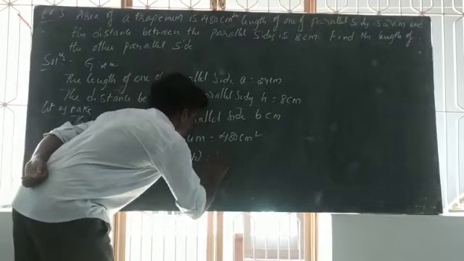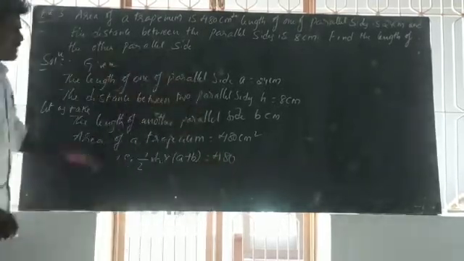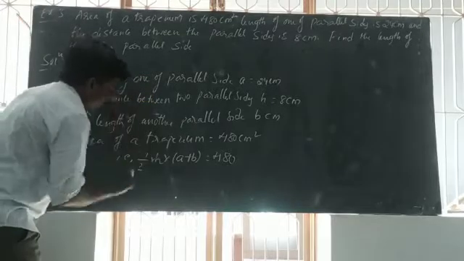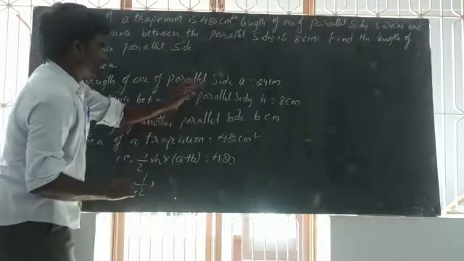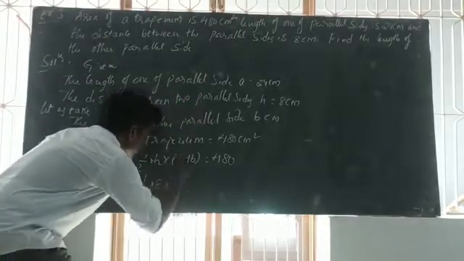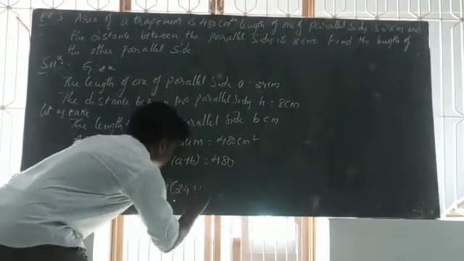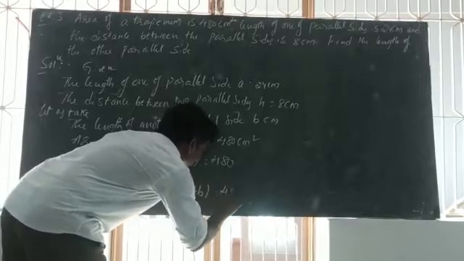So the values are substituted in the given formula. So 1/2 into h 8 into a 24 plus b is equal to 480.